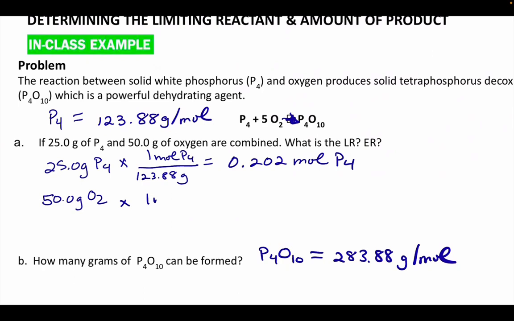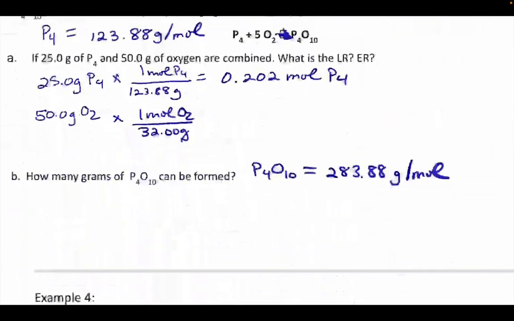And then my oxygen, remember it's going to be 32 because it's O2. Oops. So then I get 1.56 moles of O2. So now I have to determine the limiting reactant.